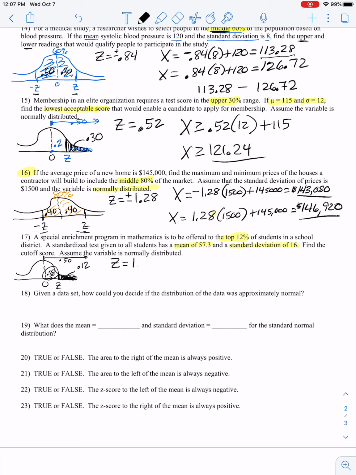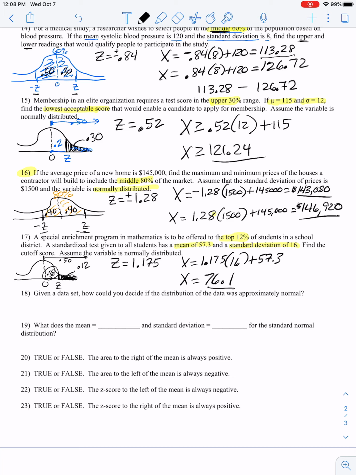So I just did 1.17 and put a 5 in there to split the difference. All right, so then to get your cutoff score, we're going to say our Z, 1.175, times the standard deviation of 16 plus 57.3. All right, so your minimum value here is 76.1. That's your cutoff score.